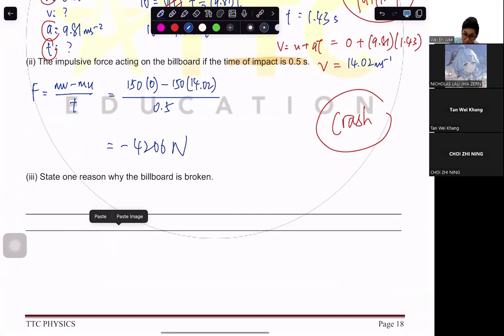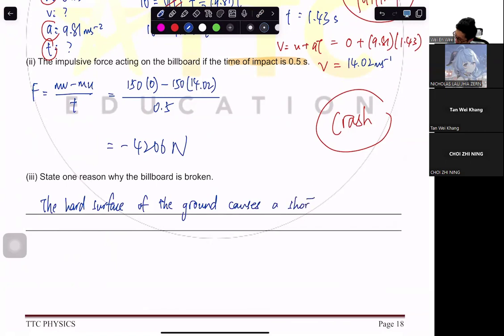So you say the hard surface of the ground causes a short impact time.